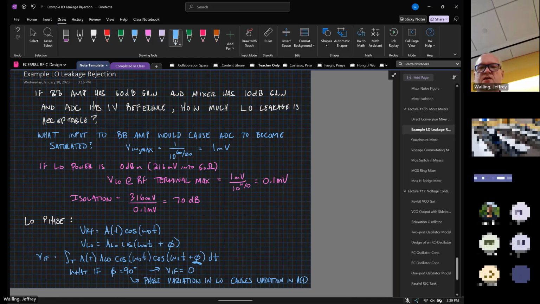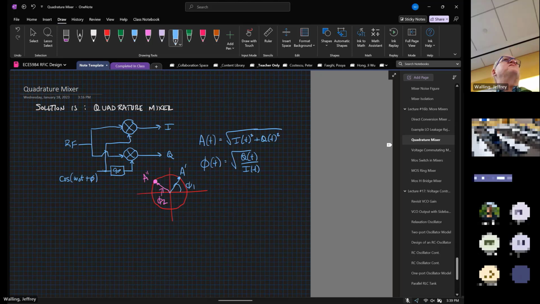Quadrature, yeah, that's the key. We're going to add additional circuitry here.